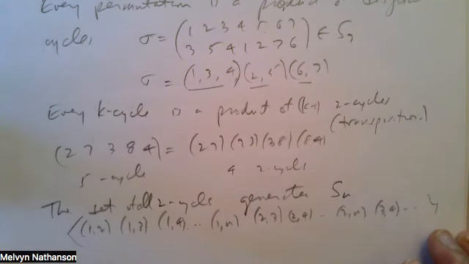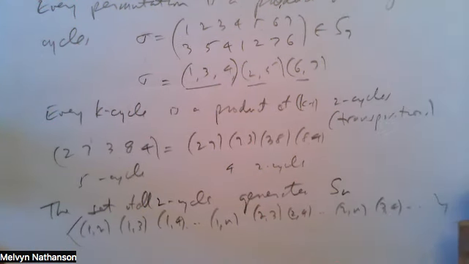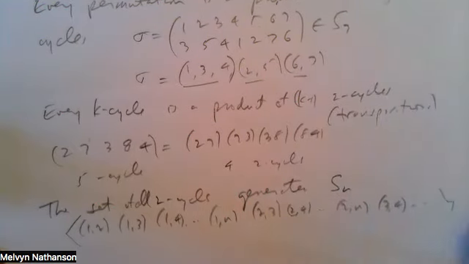Okay. So this we already proved, and in problem 16, we want to show a certain subset of the 2 cycles is in fact enough to generate the whole group.